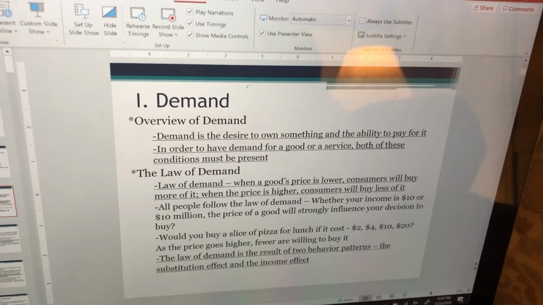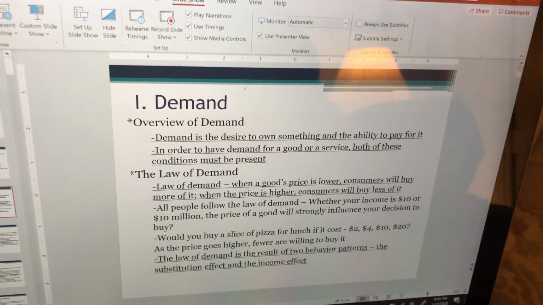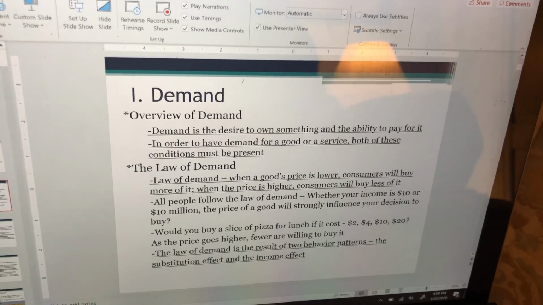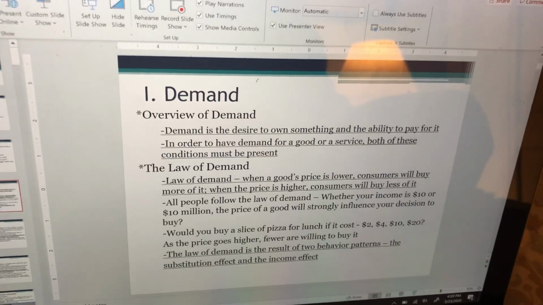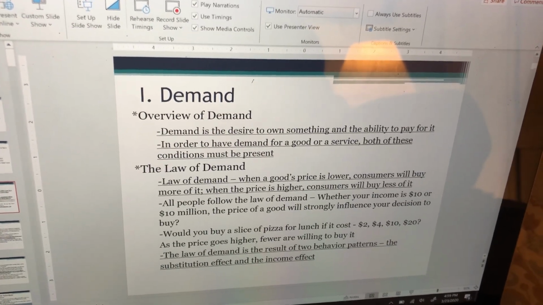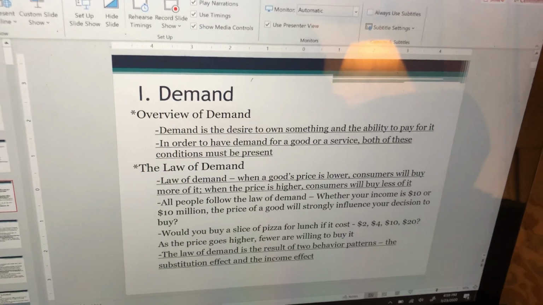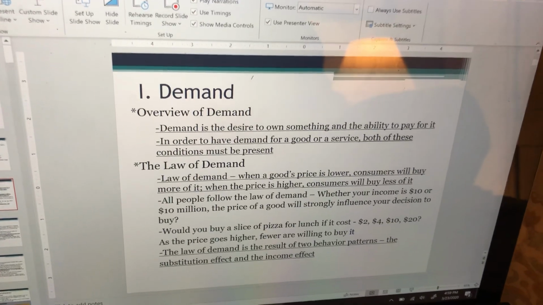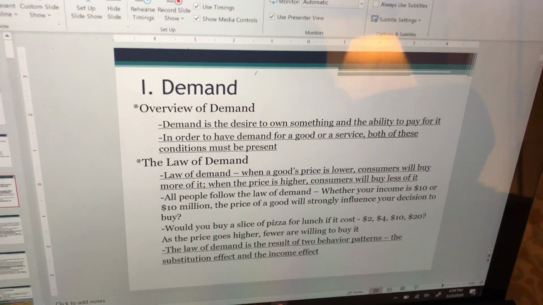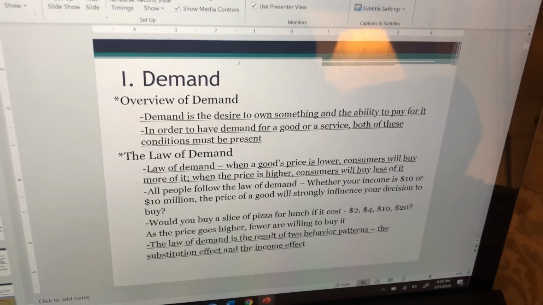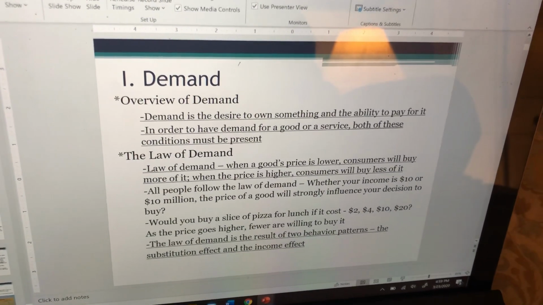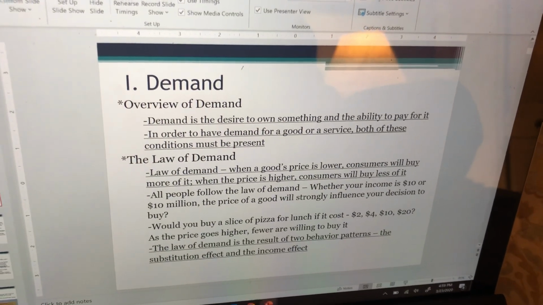So if I say I would like to buy a Tesla, but I don't have the money to afford that, then I really don't have demand for that item. So just make sure that you realize that you need both of those components, the desire to own something and the ability to pay for it, in order to have actual demand. Okay? And if you learn nothing else from this quick video, just make sure you understand the law of demand.